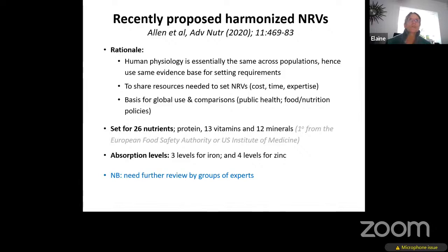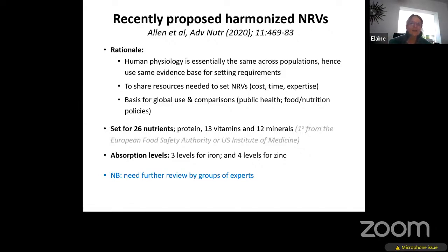I was involved with setting the iron nutrient requirements in Australia and New Zealand quite a few years ago now. There were quite a few academics involved, and we spent over a year doing this, reviewing the literature, looking at evidence, etc. Different individuals were responsible for different nutrients. So the resources needed to do it are enormous, and the expertise as well.